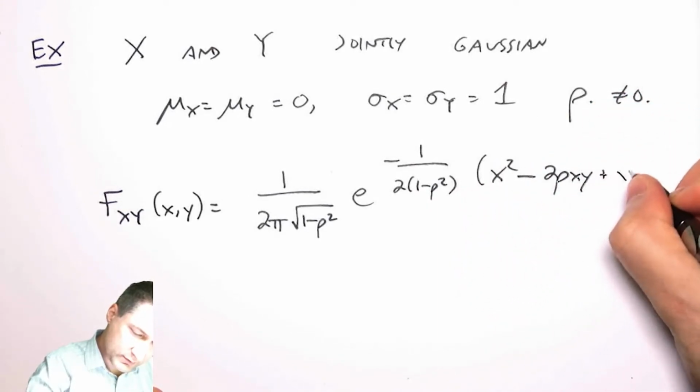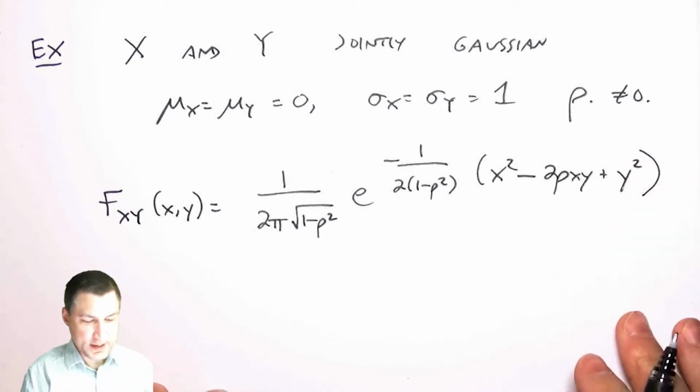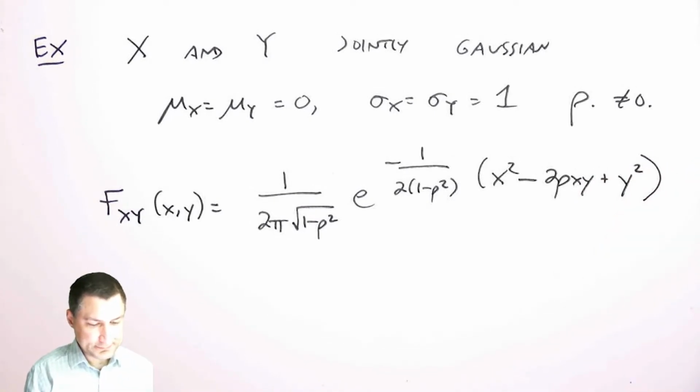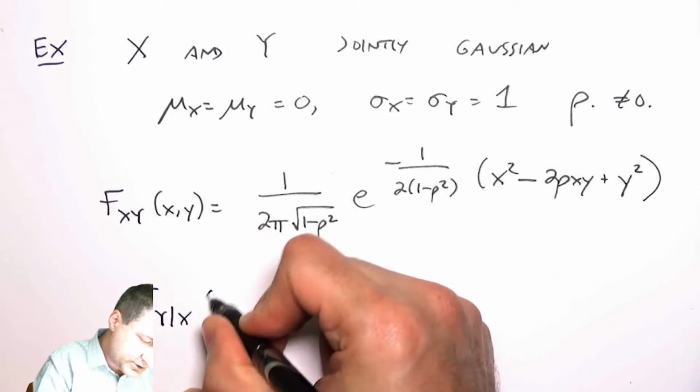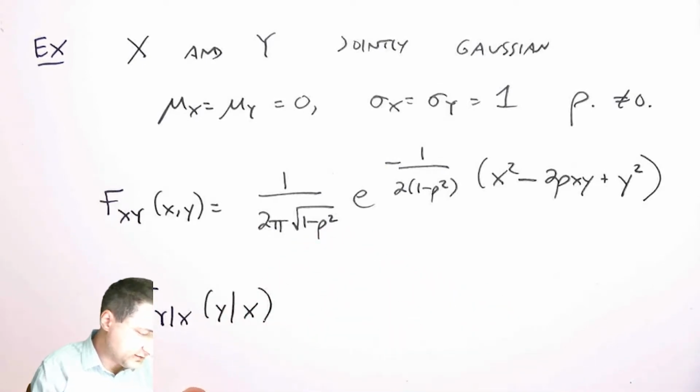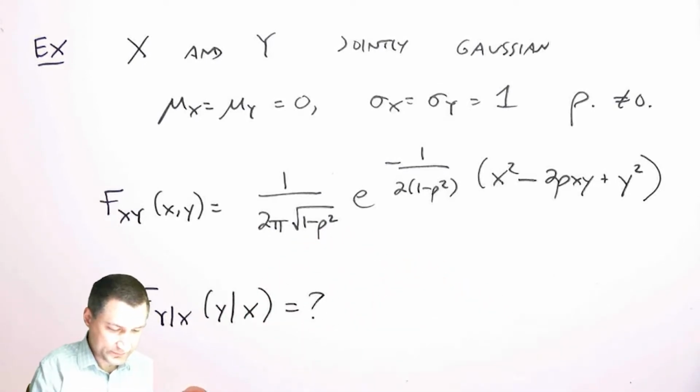So I'm just writing down what we learned. Okay. So this is a little bit messy. What I want to now know is what is the conditional PDF of Y given X?